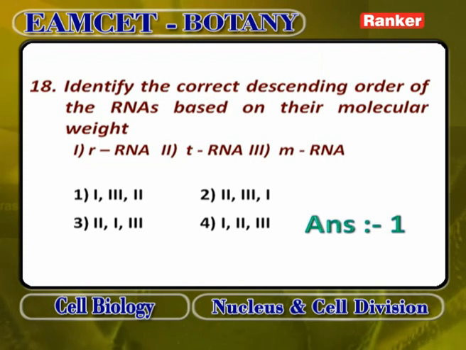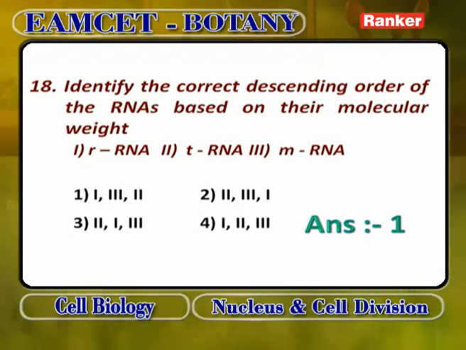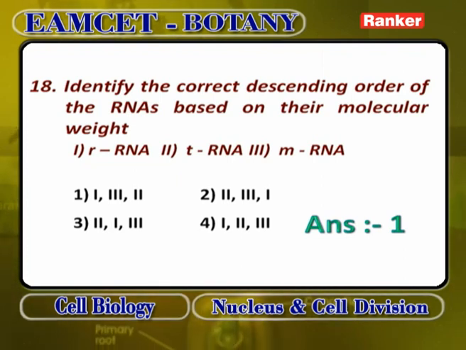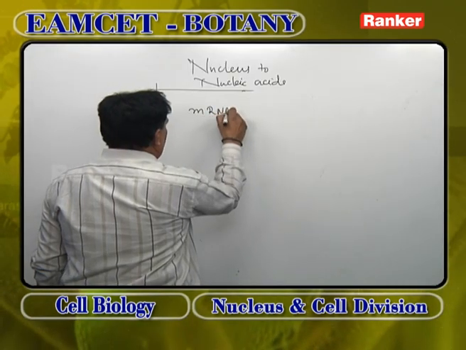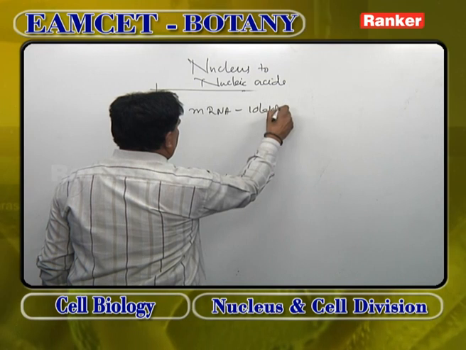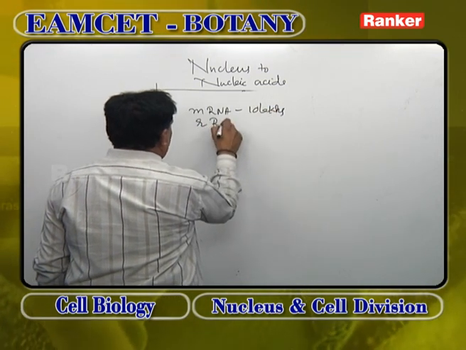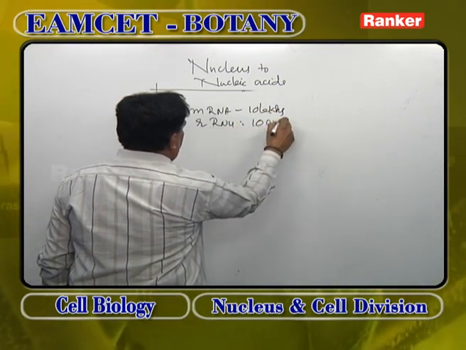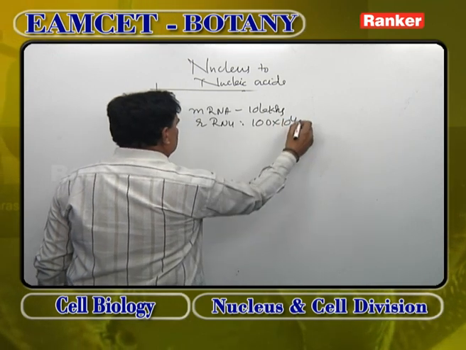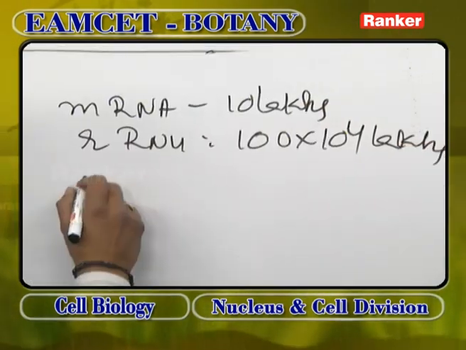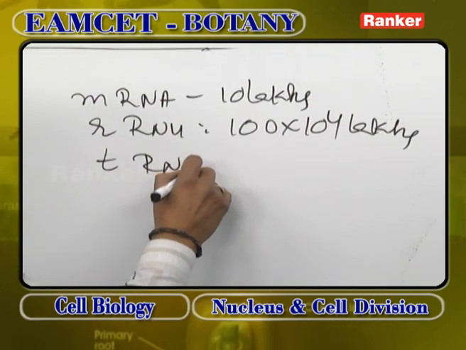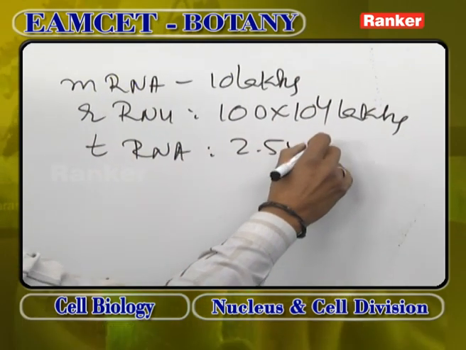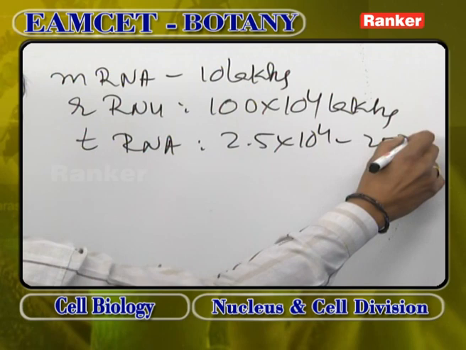Identify the correct descending order of the RNAs based on their molecular weights. Descending order means from higher to lower. The molecular weight of messenger RNA is 5 lakhs, the molecular weight of ribosomal RNA is 10 lakhs, and tRNA is 2.5 into 10 power 4, that means 25,000 Dalton.